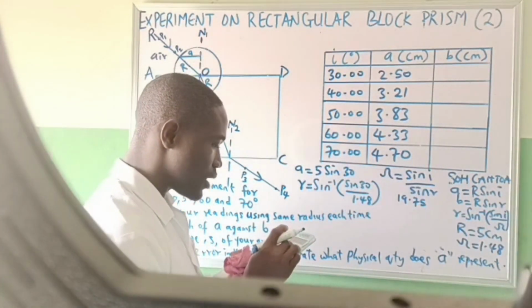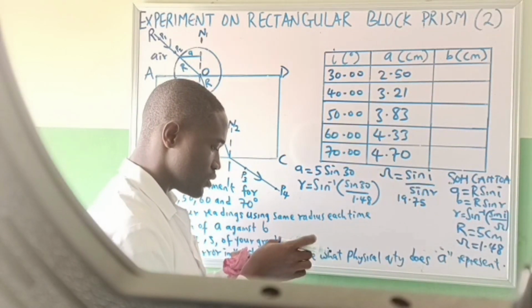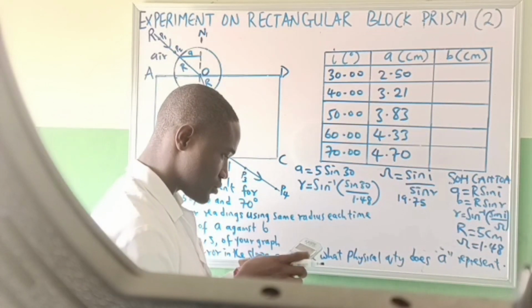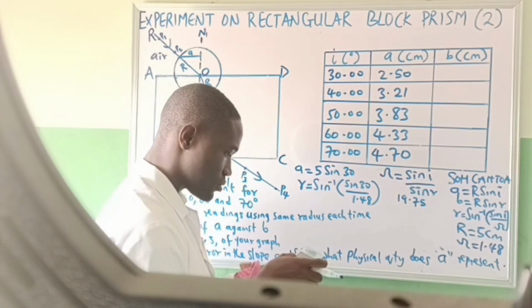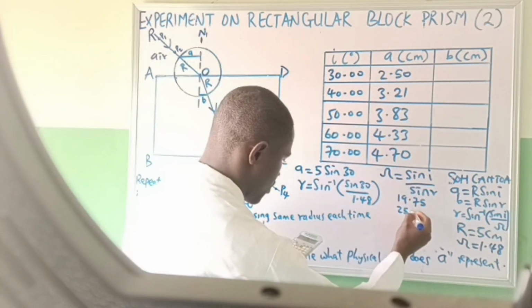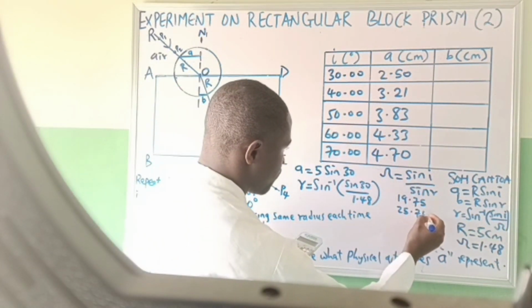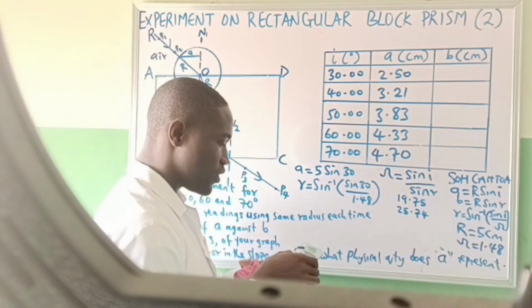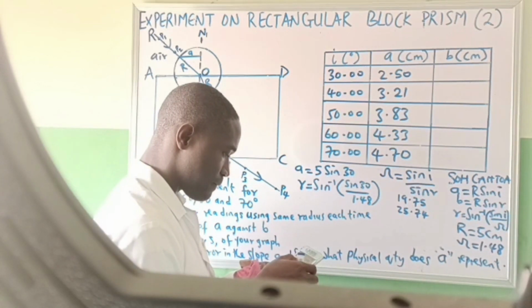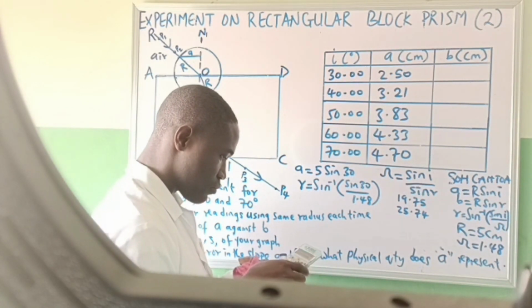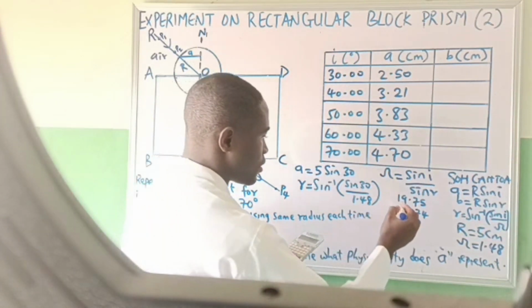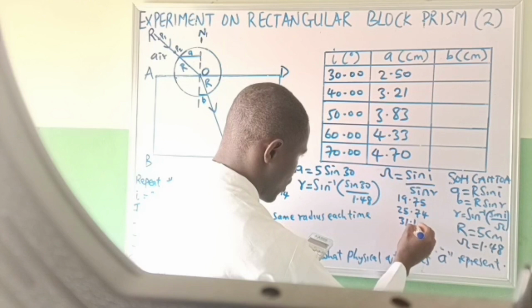For the second one, we change 30 to 40: 25.74. We change 40 to 50: 31.17.